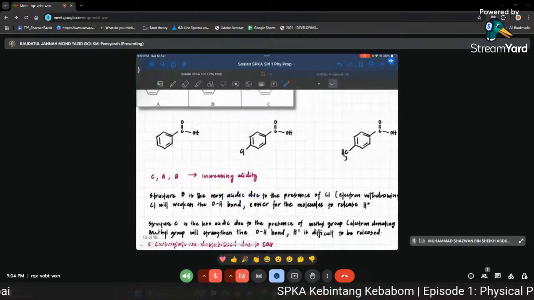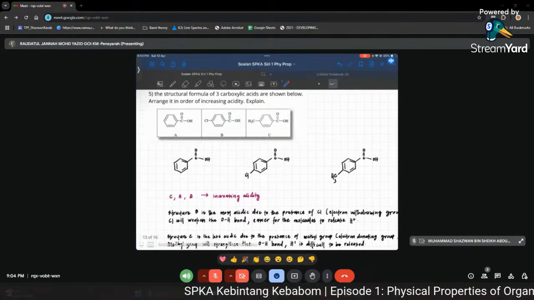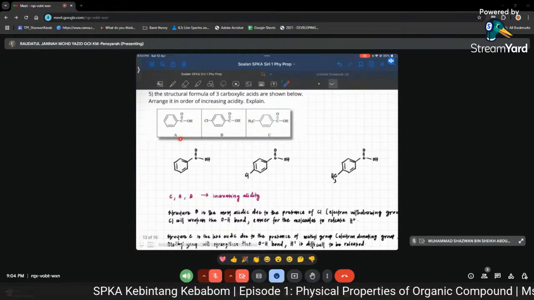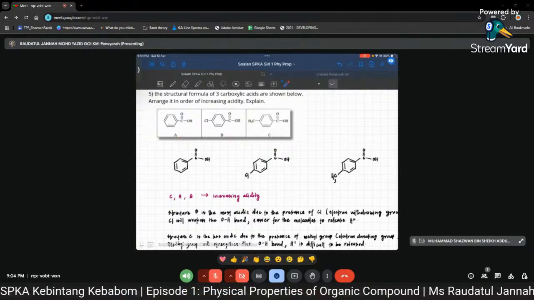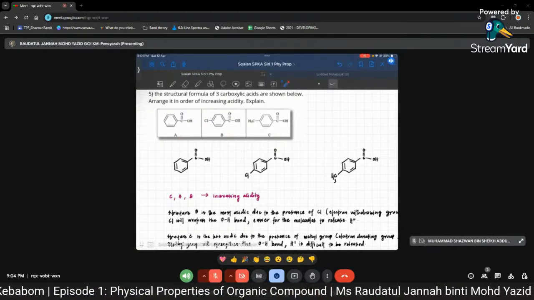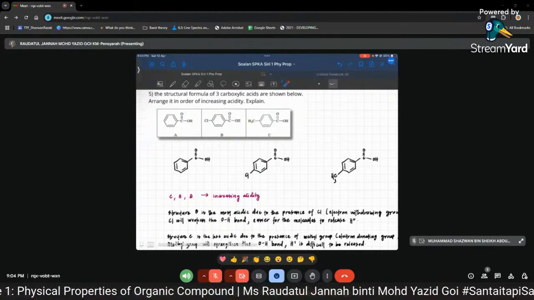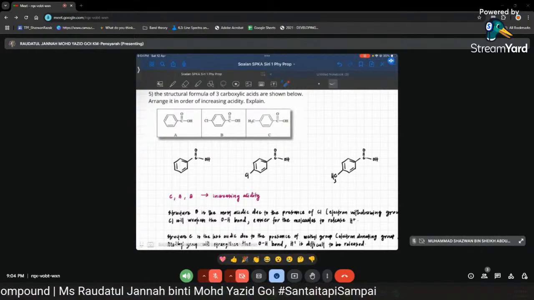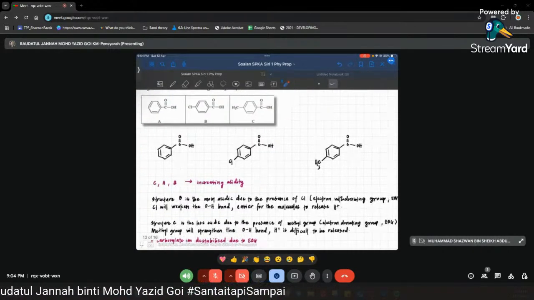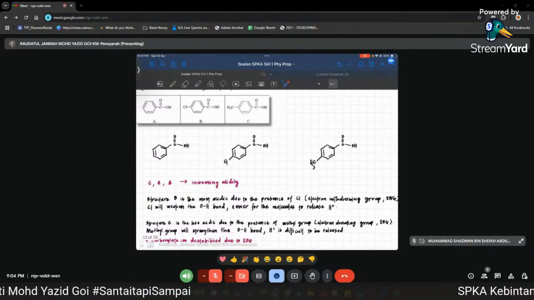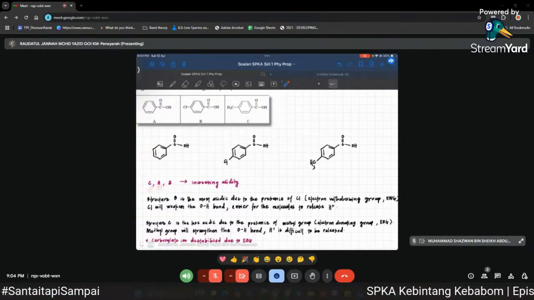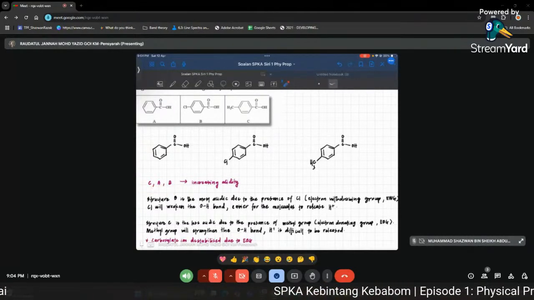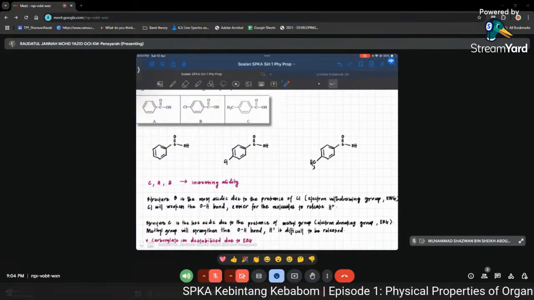So you can simply say that since they have been labelled A, B and C, you don't have to really redraw the structure for your answer. You can simply say it using the labels that you have used. Okay, so for this one here, like what we went through earlier, carboxylic acid C followed by A and B will be the order of acidity that you have.